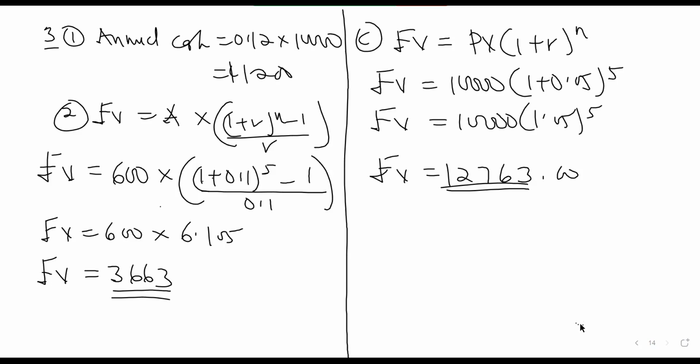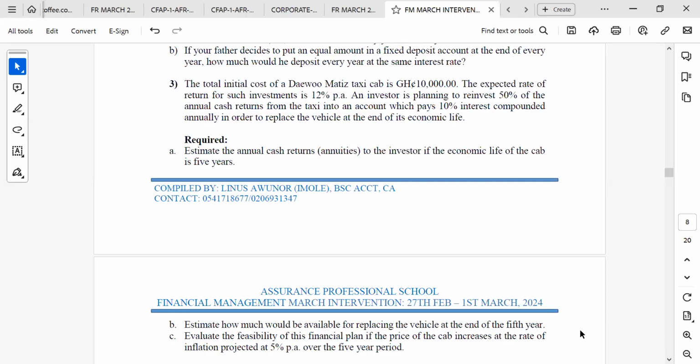Let's go to the last one. Take the last one for us so that we know this. Question 4. A company has cash inflow streams from year 1 to 3, totaling 30,000 Ghana cedis. Management of the company has provided you with the below information to assist them in choosing the best cash flow streams.